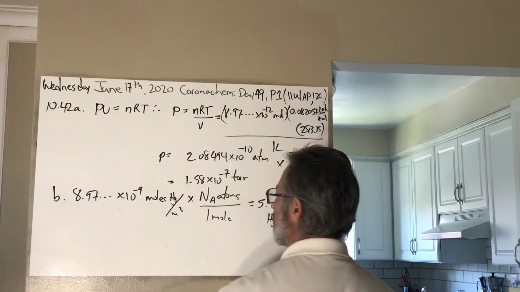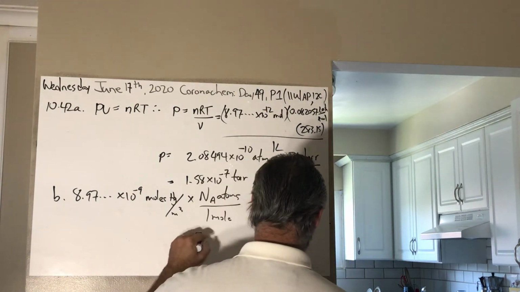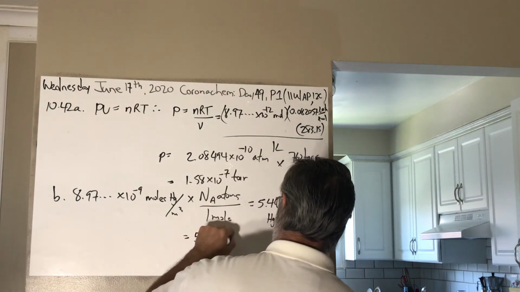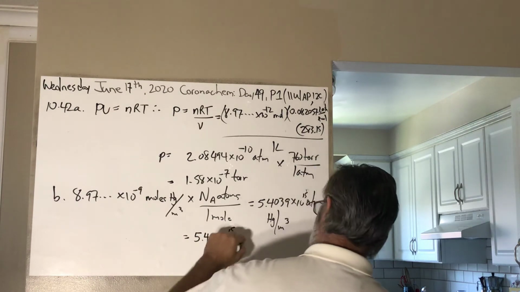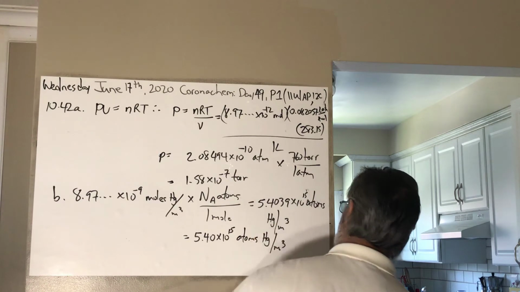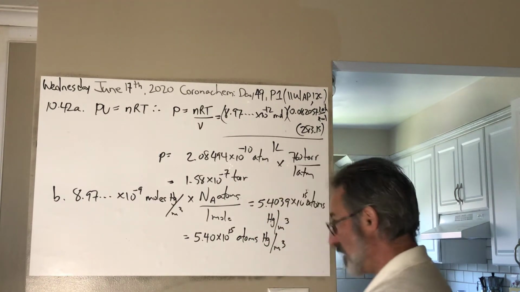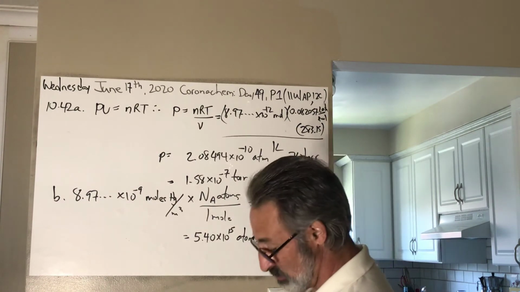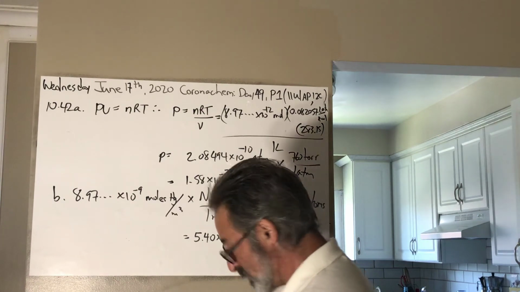Or after sig figs, you would say 5.40 times 10 to the 15 atoms Hg per meter cubed. So trillion is 10 to the 12, it's quadrillion. So 5.4 quadrillion atoms of mercury per cubic meter.